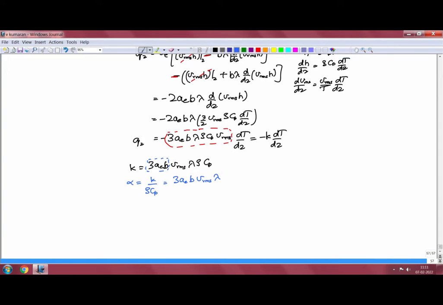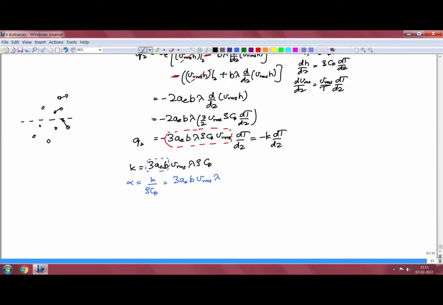the molecular fluctuating velocity. And the reason is because the mechanism of thermal and mass diffusion in a gas are the same. Either thermal or mass diffusion across a surface in a gas requires the actual physical motion of molecules across the surface.